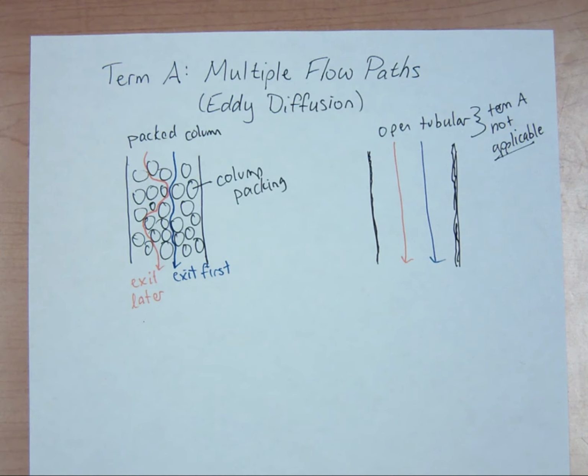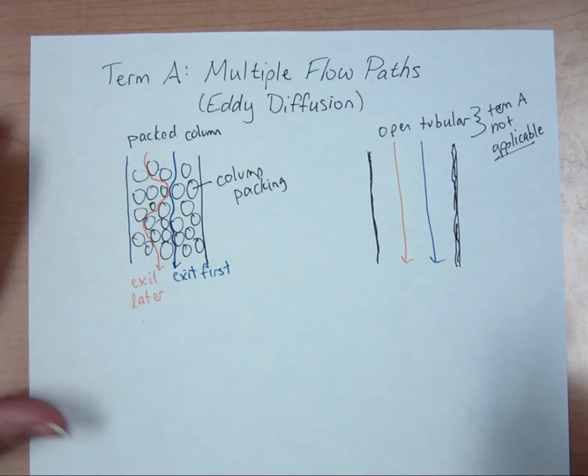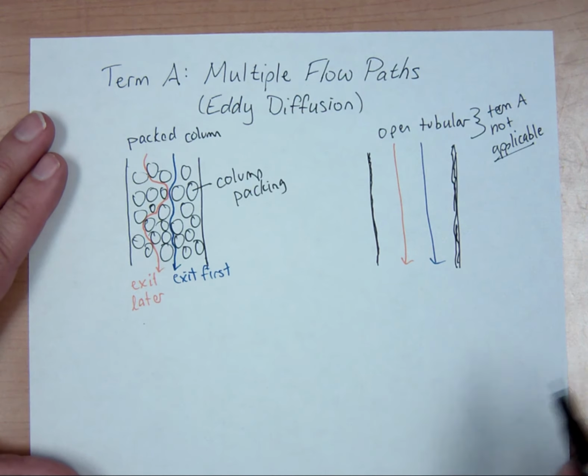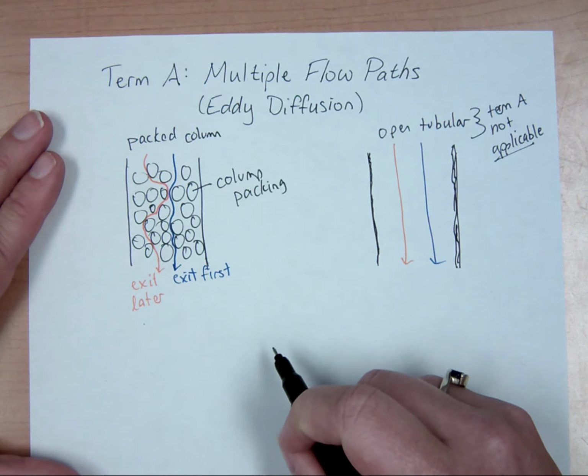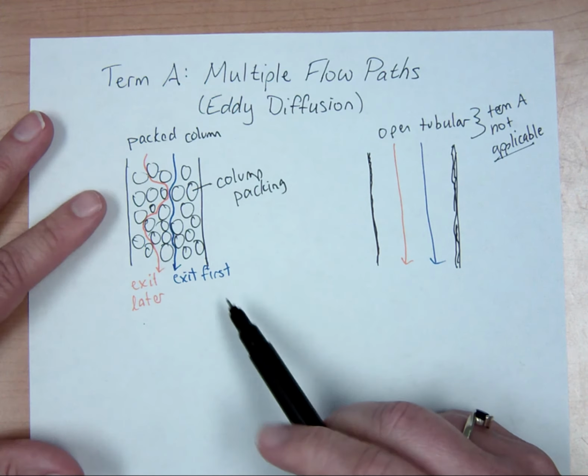You and a buddy are both going through the corn maze and you take different amounts of time. Did it matter if you ran through the corn maze or if you walked through the corn maze? You're still going to have different distances that you both took. And so simply changing the mobile phase does not actually affect the peak broadening because of this term.